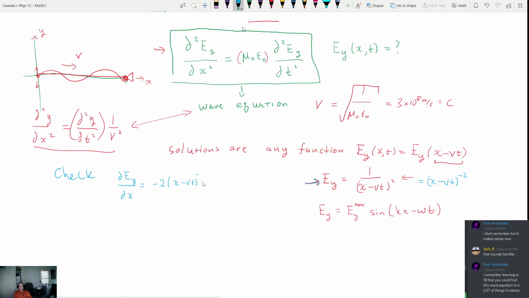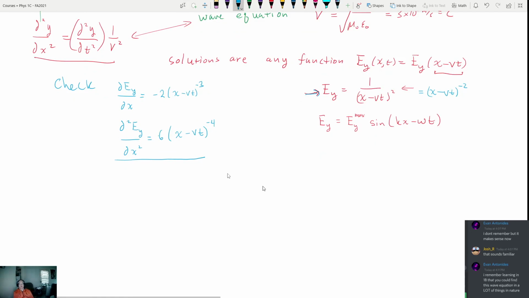Negative 3. If I then take del 2 Ey del x2, we're going to get negative 3 times negative 2, which is positive 6, times (x minus vt), and then we reduce the power again, so we get negative 4. Okay, so that's del 2 Ey del x2.